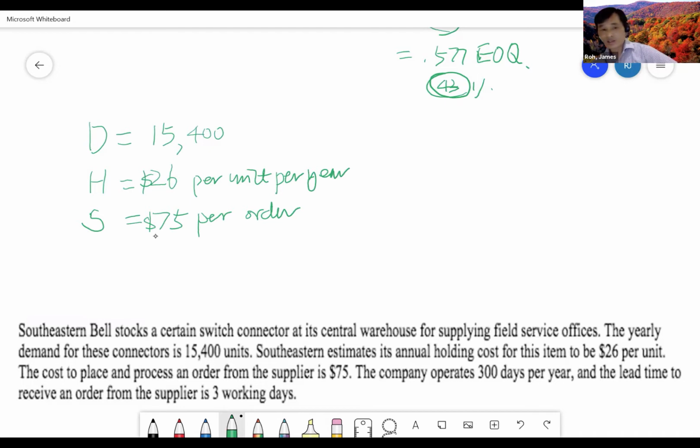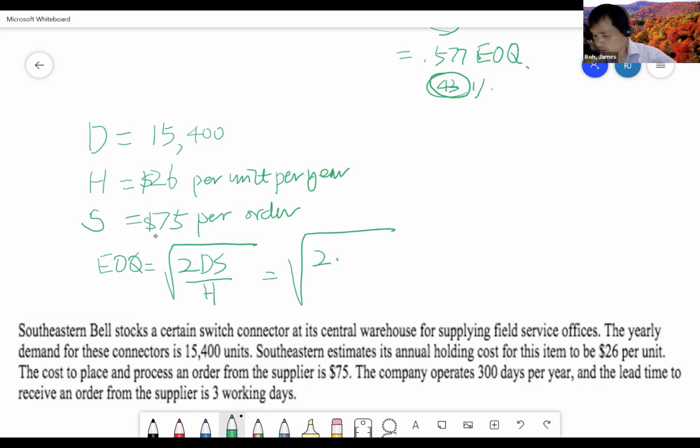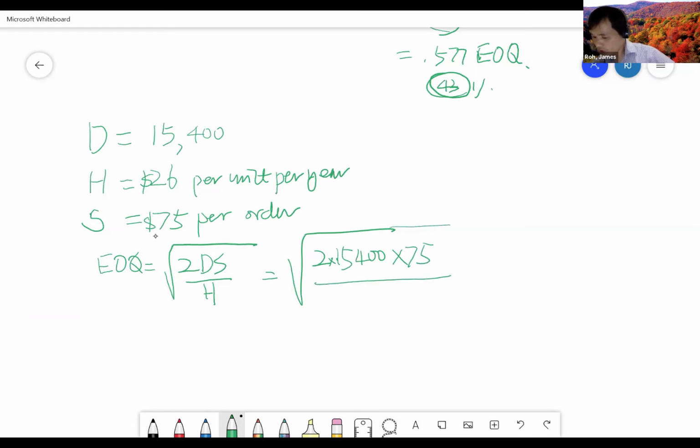Then you are now set to calculate EOQ, right? EOQ equals square root of 2DS over H. So 2 times annual demand, 15,400, times setup cost, $75, divided by H, $26. And if you calculate that, you will get 298.